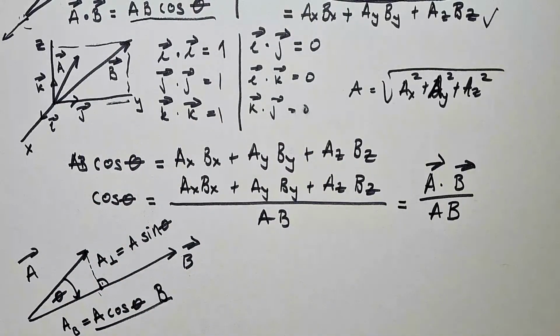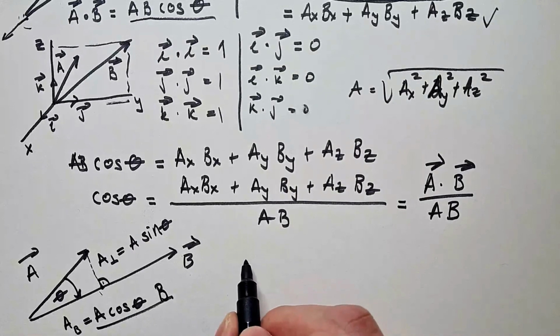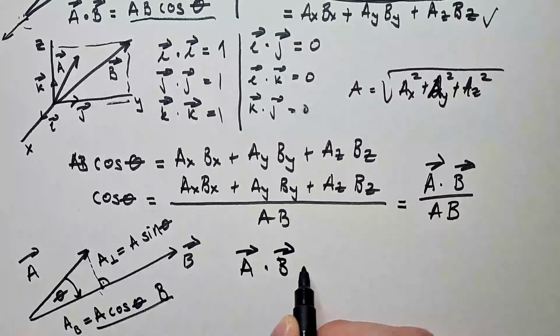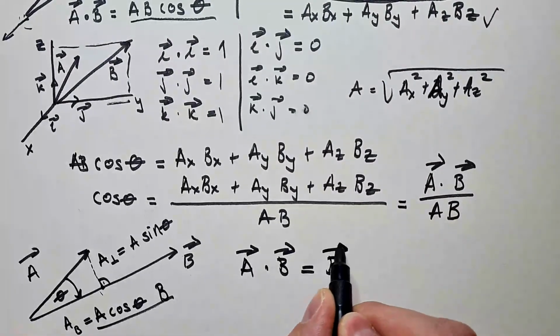So this is another way to look at the dot product between vectors A and B. From here, I am not going to waste more time, but you can clearly see that A dot B is equal to B dot A.